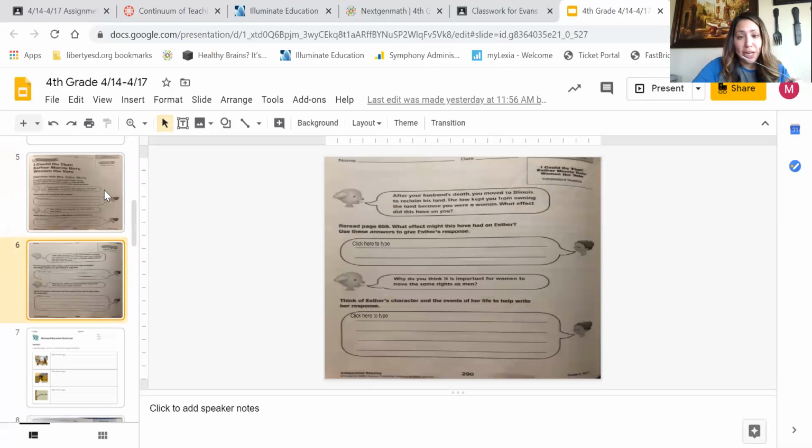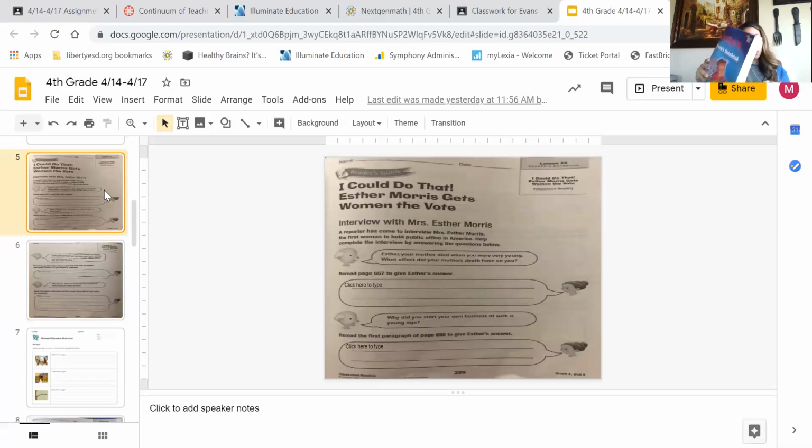You would type in your answers where it says click here to type, or again, let's say you're not a fan of typing, you can go to page 289 in your workbook, and you're like, Miss Evans, I just prefer to write paper and pencil. Same page, okay, same thing. I just know some of your parents may not want you on tech all day, which I totally understand.